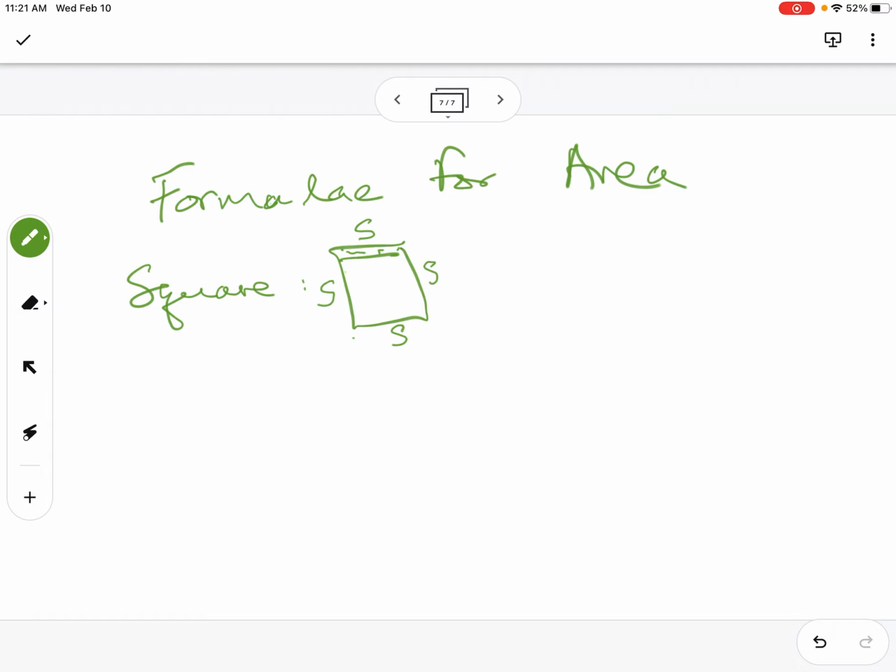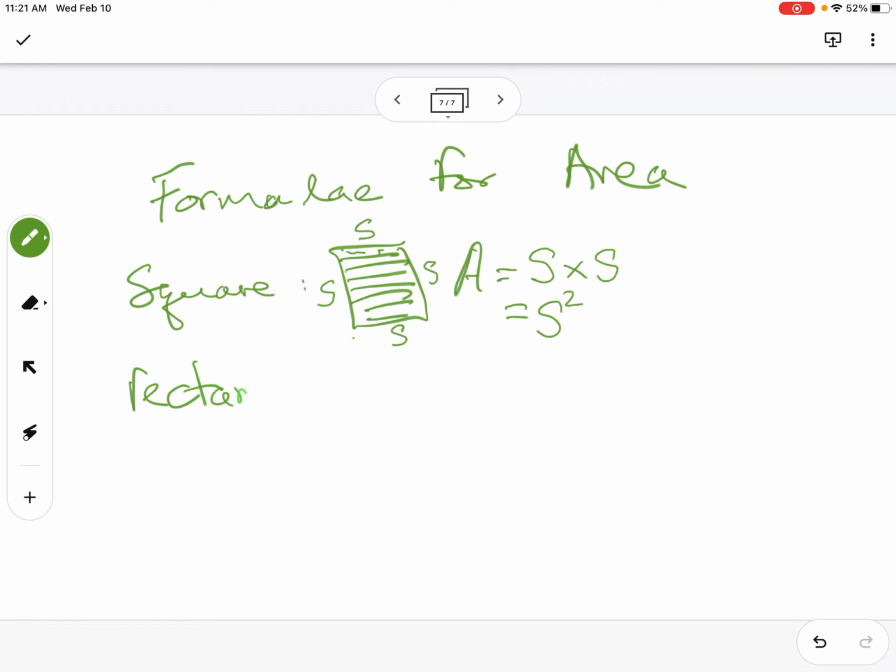And then times that by how many of those rows I've got. So the number of feet in the top row is going to be the same as the number of rows that we're going to have. So the area of a square is going to be S times S. And a shortcut for saying that is S squared. There's that square thing showing up again because we're counting area by squares.